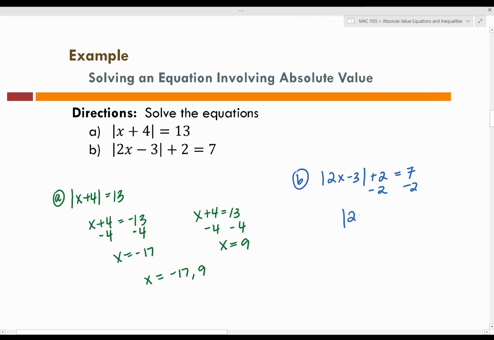So we're going to have the absolute value of 2x minus 3 equals 5. Okay. Now that the absolute value is isolated, we can drop the absolute value bars and create two separate equations. So I'm going to have 2x minus 3 equals negative 5, and 2x minus 3 equals positive 5.